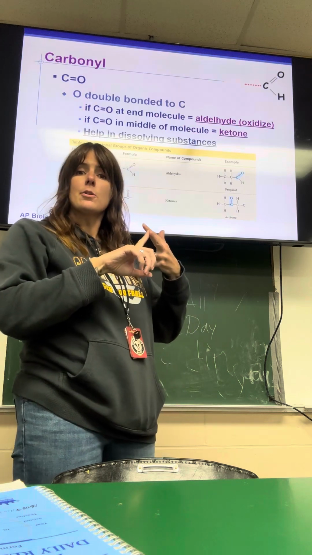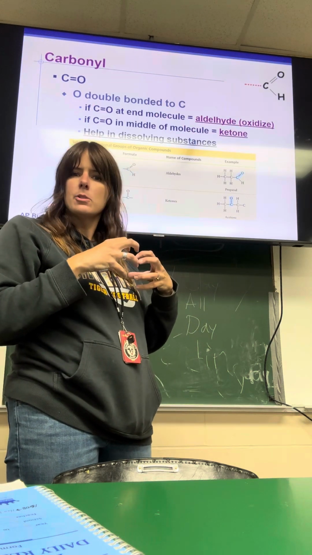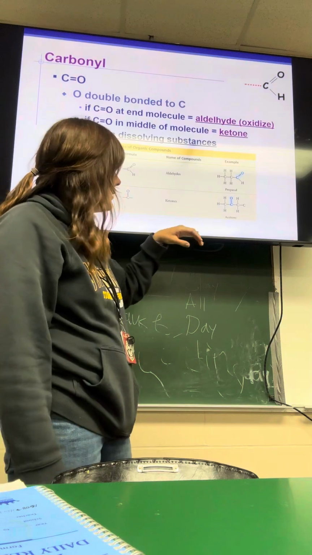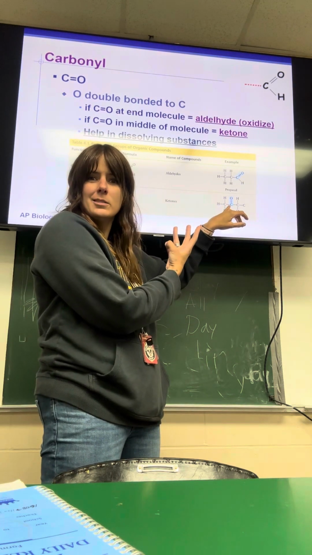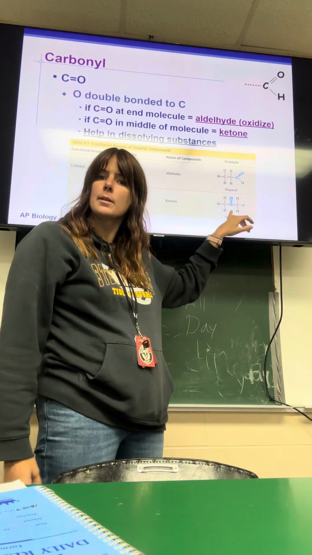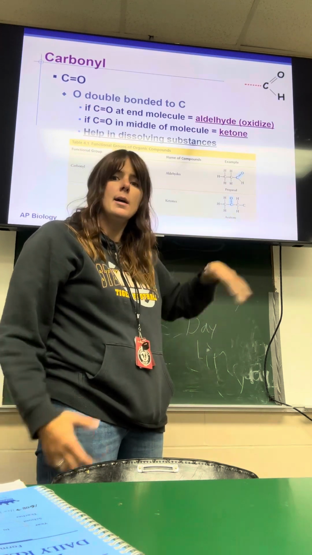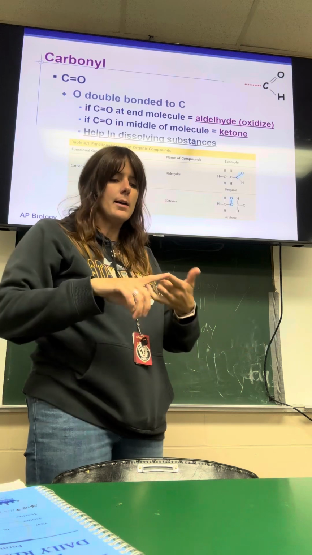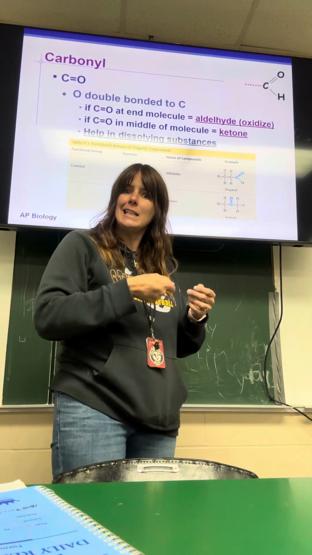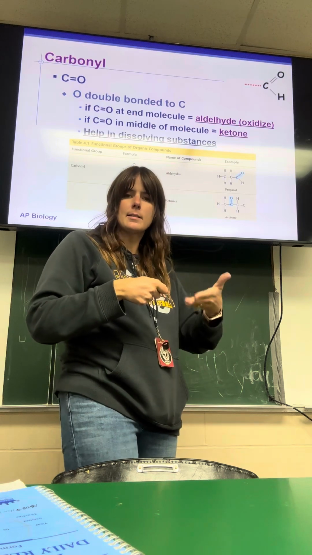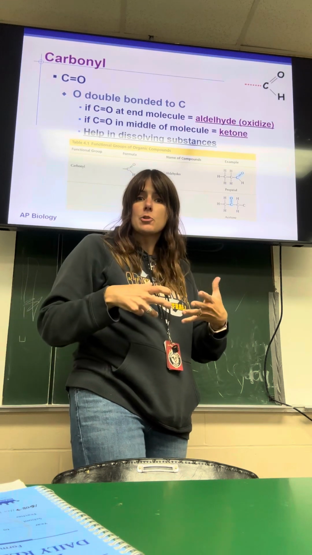The ketones are in the middle, so they're more hidden and can't be hit with air. I think of keys with the prongs, so ketones are in the middle of a carbon structure, and that's where they stay. Aldehydes oxidize, say that 10 times fast.